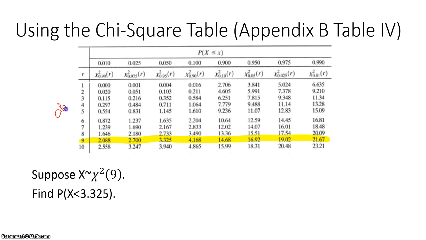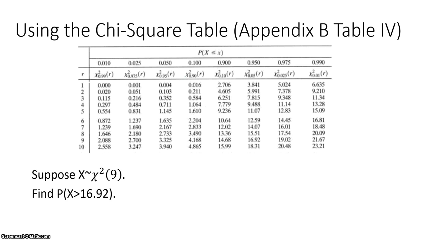See here, are the degrees of freedom. In that row, we find the value that we're looking for, 3.325. There it is. And then we look up the column to find the probability. And we see the probability that X takes on a value less than 3.325 is 0.05.